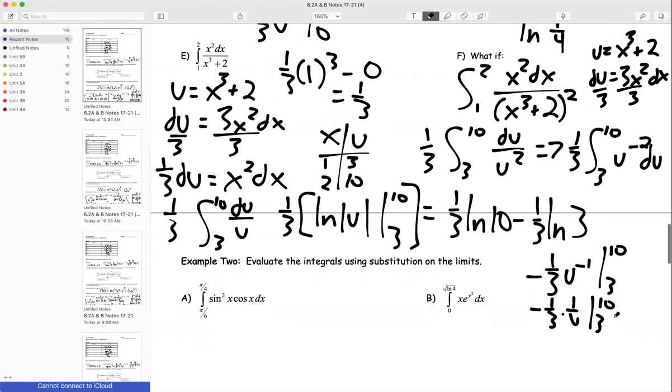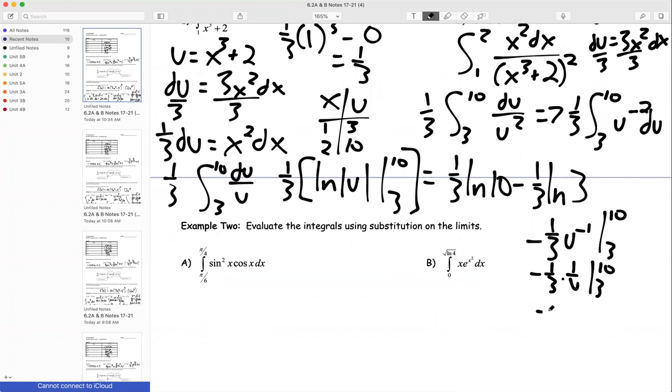So I need to plug in my 10. That's going to give me negative 1 over 30 minus a minus, so plus 1/9. Oh no, a common denominator. Wait, sorry, what's my common denominator of 9 and 30?